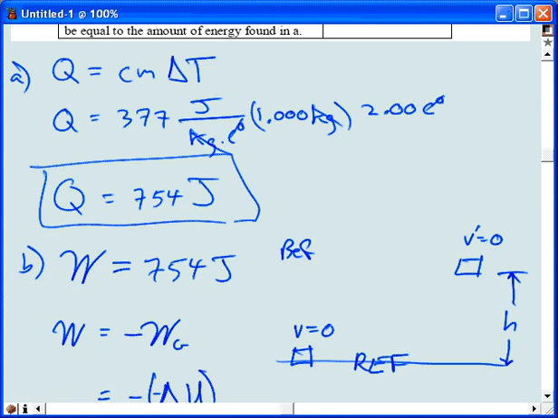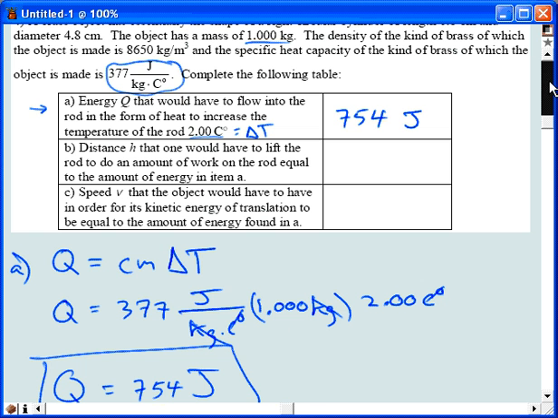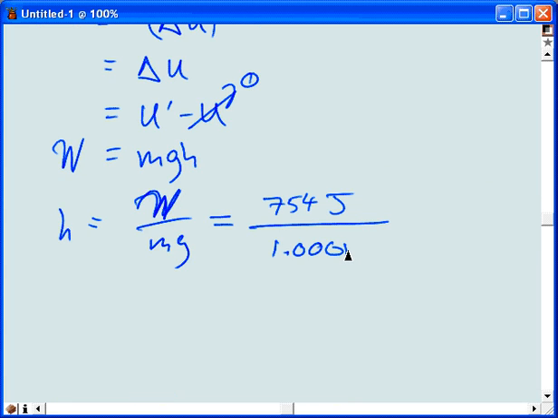And what did we find? 754 joules. How many sig figs did they give? Yeah, it was 4 sig figs, 1.000 kilograms, 9.80 newtons per kilogram. Kilograms cancel.